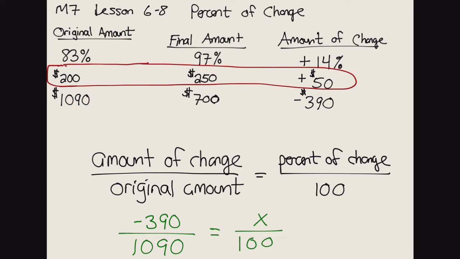You got to take the negative into consideration in this one because it's a decrease. So we do 390 times 100. Hang on. Okay, what did you come up with here? Hannah.